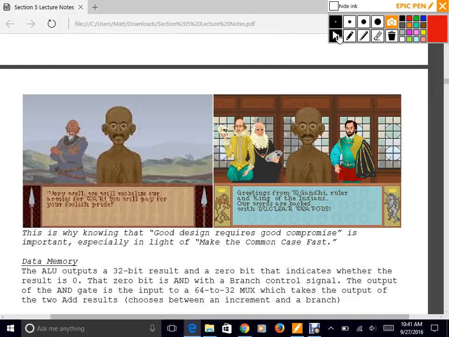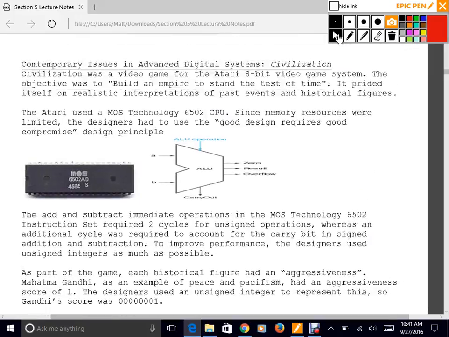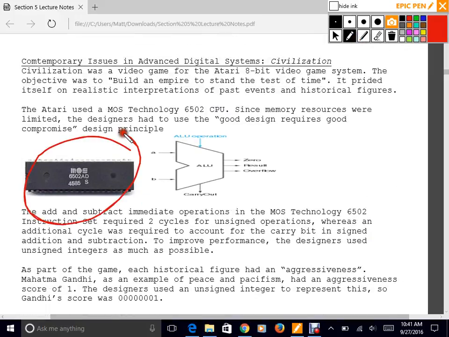In this case, the designers were like, okay, we know that this device runs faster with unsigned integers in addition, right? It takes 1 cycle instead of 2. And so in those instances where your character starts running a democracy, when it's running at megahertz, it takes 1 less cycle.